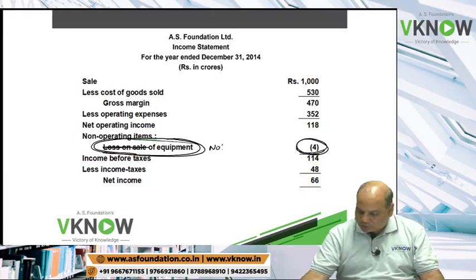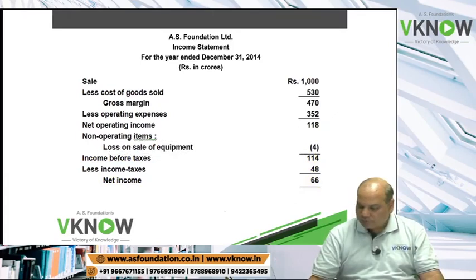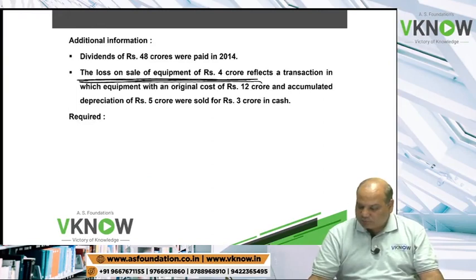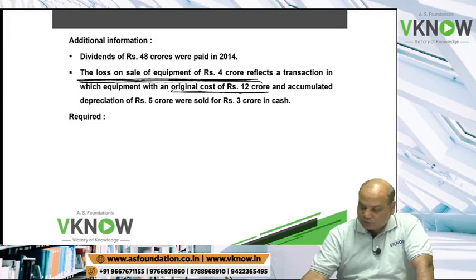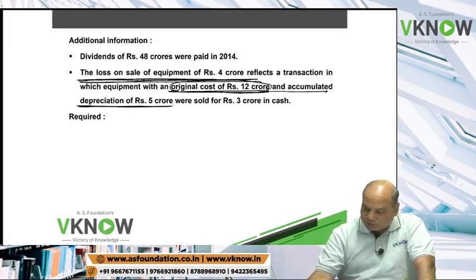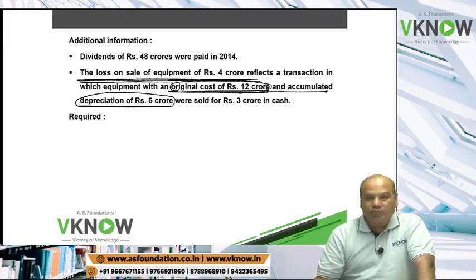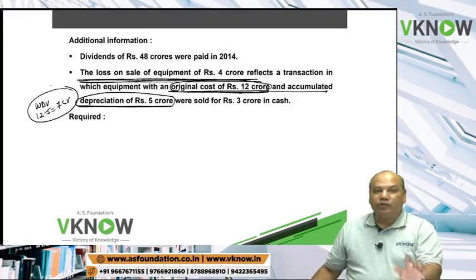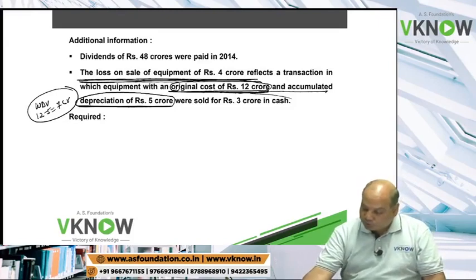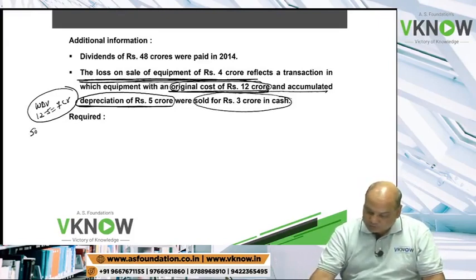There is a note on this, note number B. It reflects a transaction in which equipment with an original cost of 12 crore and accumulated depreciation of 5 crore, which means WDV was 7 crore, was sold for rupees 3 crore in cash.